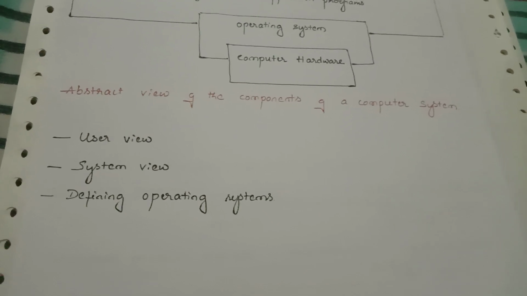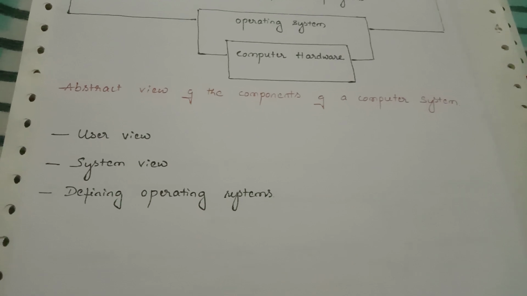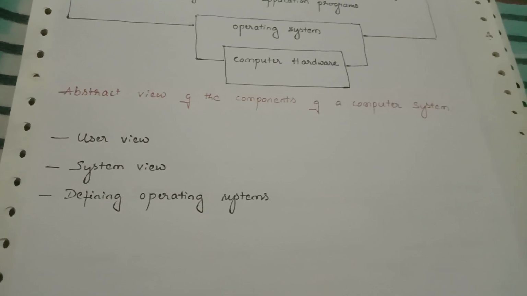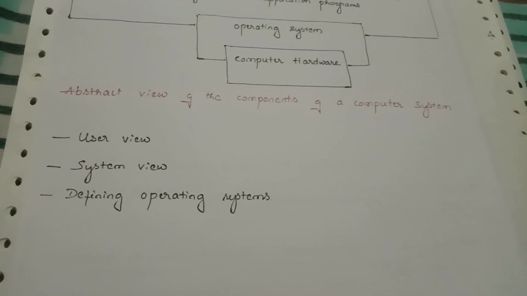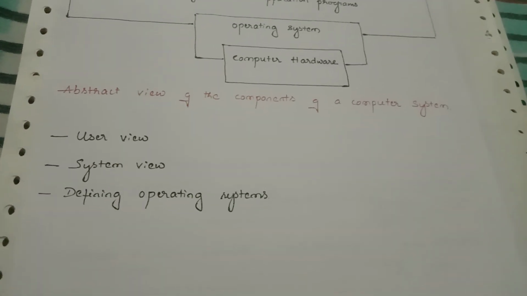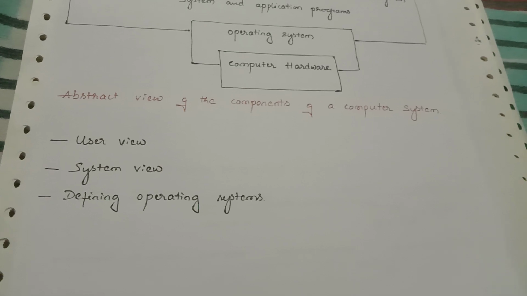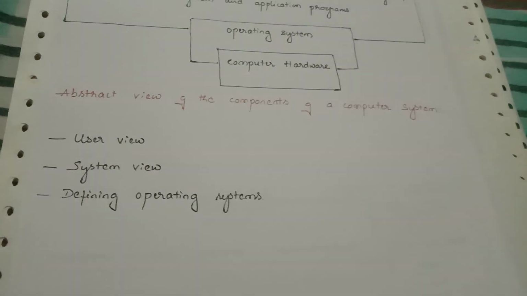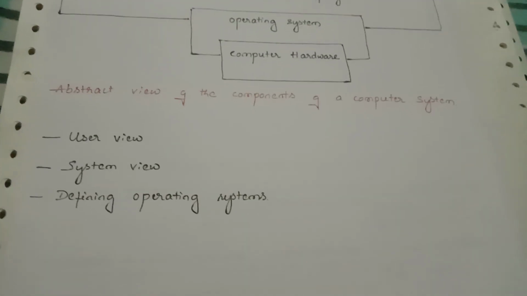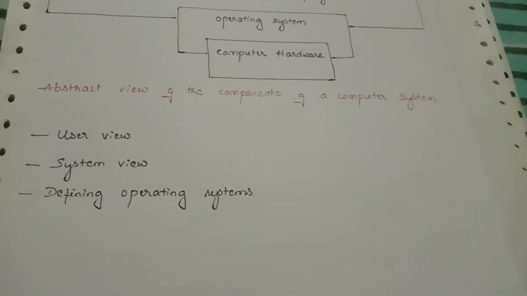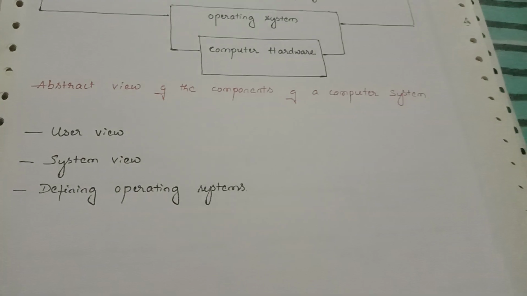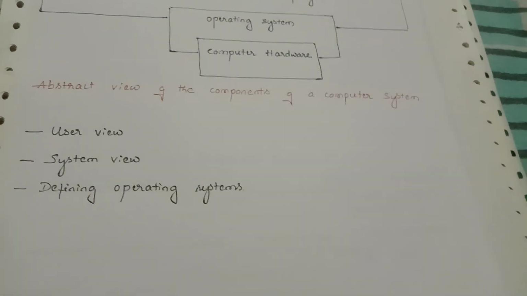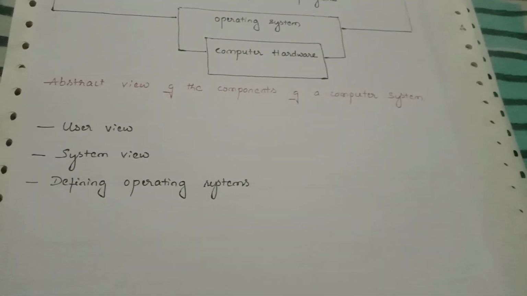In this case, the operating system is designed mostly for ease of use, with some attention paid to performance and none paid to resource utilization. That is when a single user is using a computer. Performance is of course important to the user, but the systems are optimized for the single user experience rather than the requirements of multiple users.